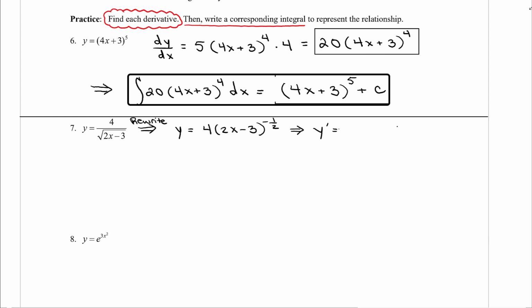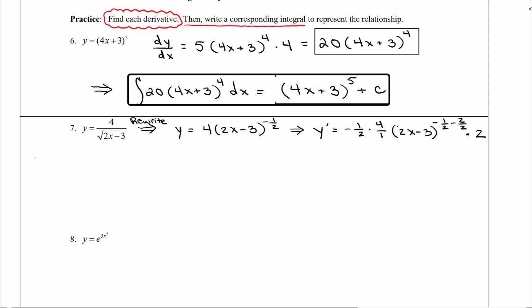So this is going to be the derivative of y equals negative 1/2 times 4 over 1 times (2x - 3) raised to the negative 1/2 power minus 2/2 times 2. Now we're going to simplify that.